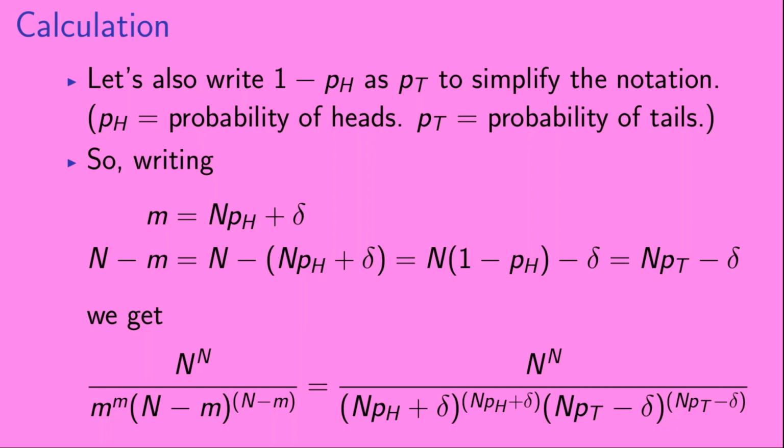Okay, so writing m equals n ph plus delta, and therefore n minus m equals n minus n ph plus delta, which equals n times 1 minus ph minus delta, which equals n pt minus delta, we get that n to the n over m to the m, n minus m to the n minus m, equals n to the n over n ph plus delta raised to the power of n ph plus delta times n pt minus delta raised to the power of n pt minus delta.